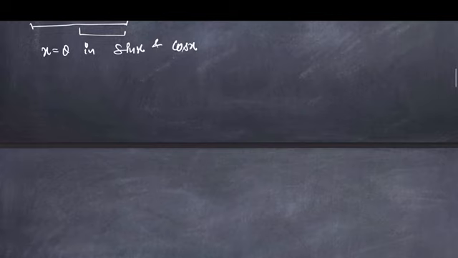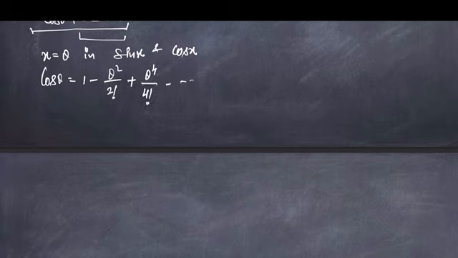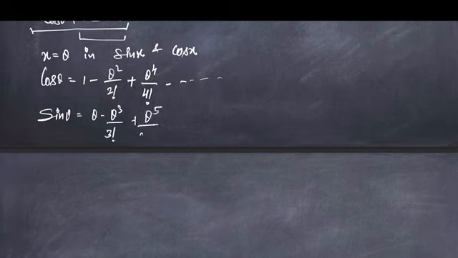So we will get cos theta equals 1 minus theta square upon 2 factorial plus theta to the power 4 upon 4 factorial and so on, and you will get sin theta equals theta minus theta cube upon 3 factorial plus theta to the power 5 upon 5 factorial and so on.